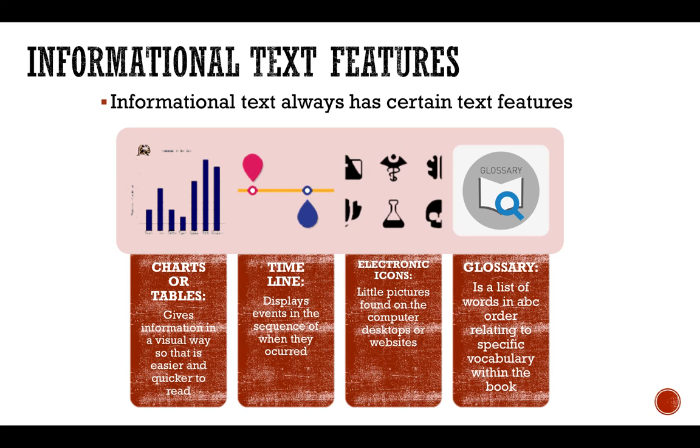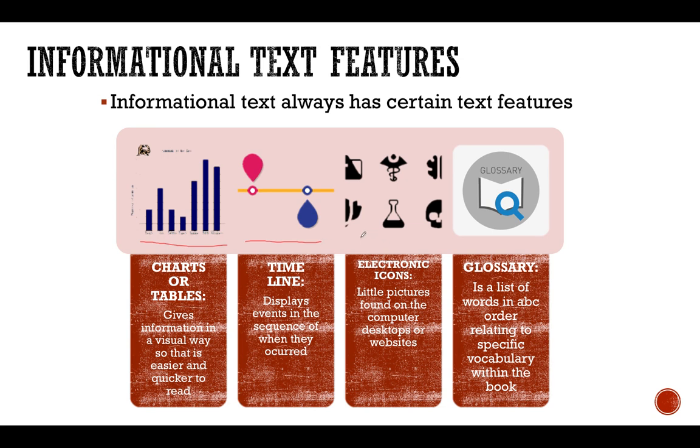Informational text features. Informational text always has certain text features. El texto informativo suele tener algunas características muy puntuales. For example, charts or tables. Thus, give information in a visual way so that it's easier and quicker to read. You can find timeline that displays events in the sequence of when they occur.